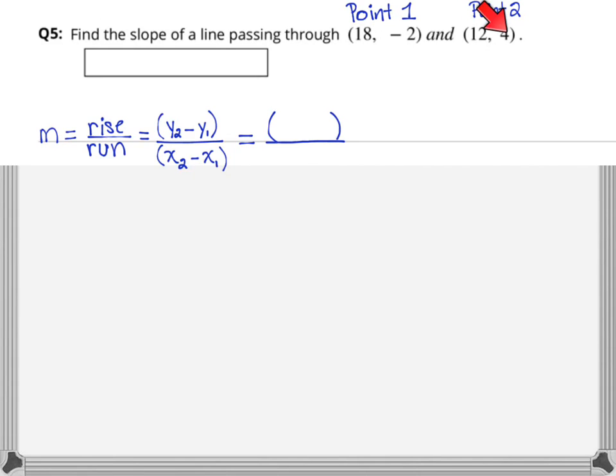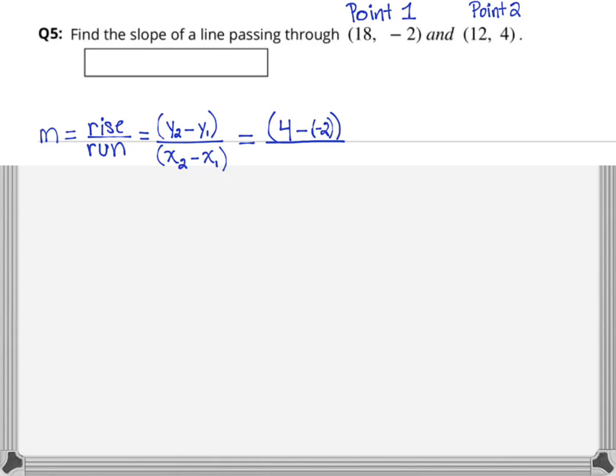The y value in point 2 is 4, so I'm writing 4, because point number 2 is 12, 4. Now I'm going to subtract the y value in point 1. So the y value in point 1 right now is -2. So I'm going to subtract -2. And that's going to be my rise, right?